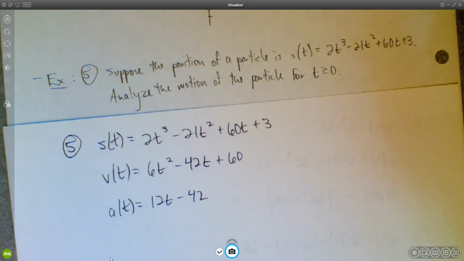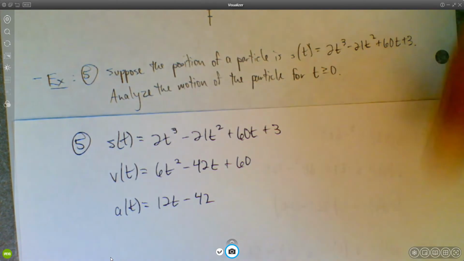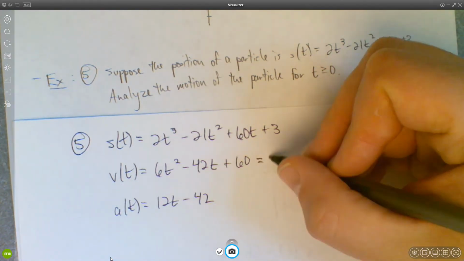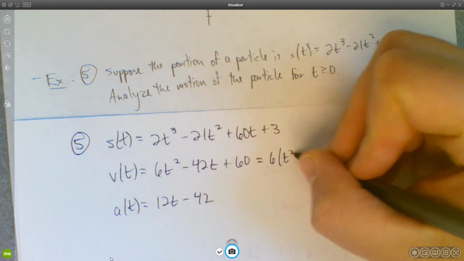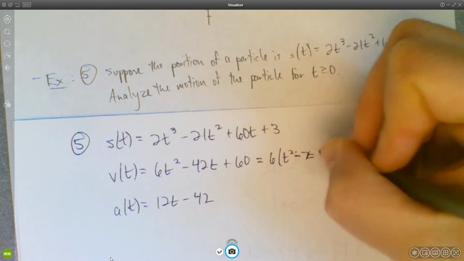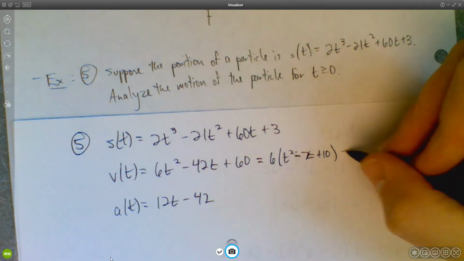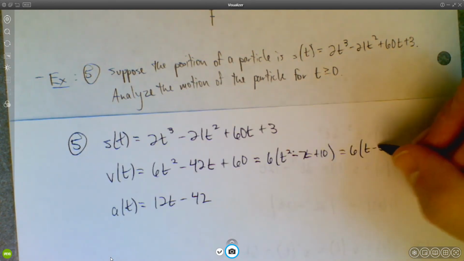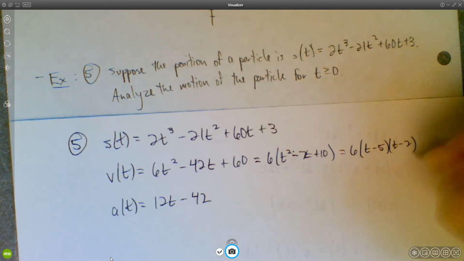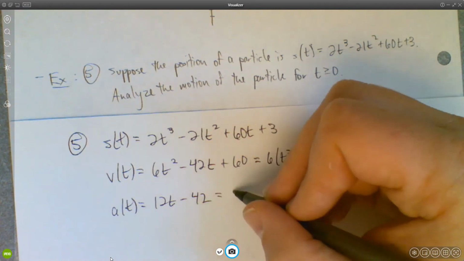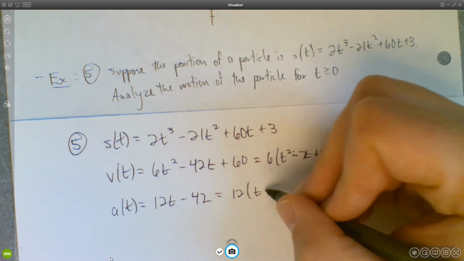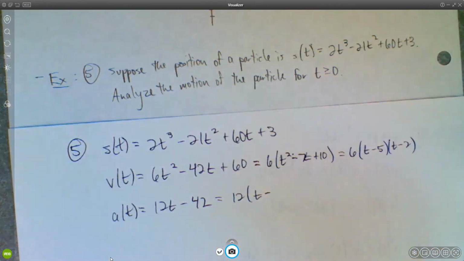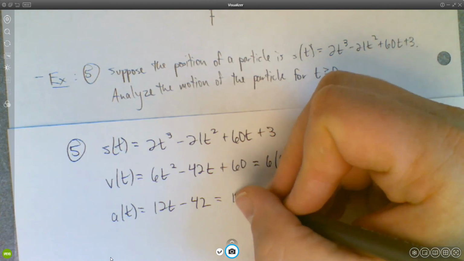Maybe we want to find the critical values here. Here I can factor out a 6, and then I can probably factor that as t minus 5 and t minus 2. Here, can I factor out a 12 actually? 12 doesn't go into 42, does it? 6 does though.